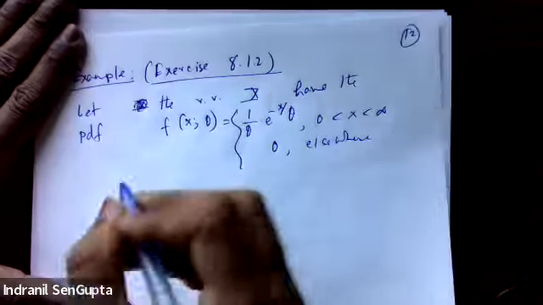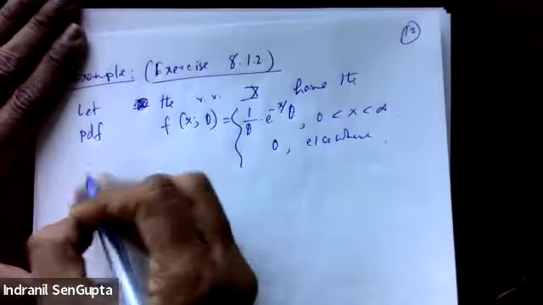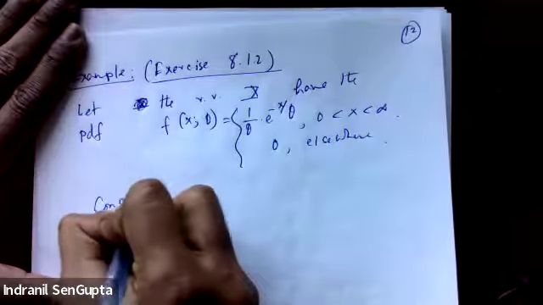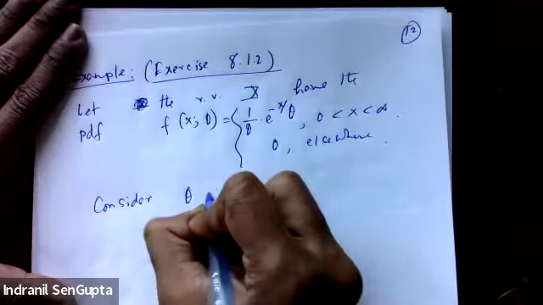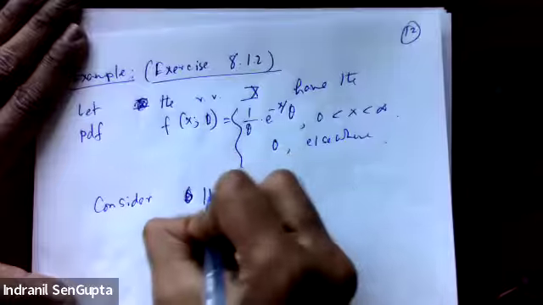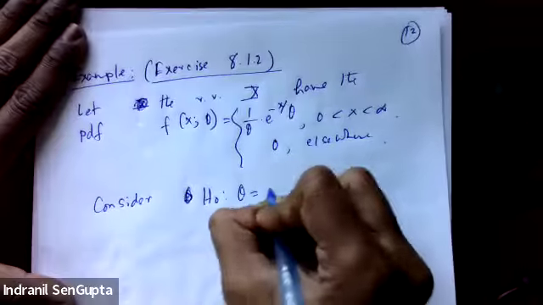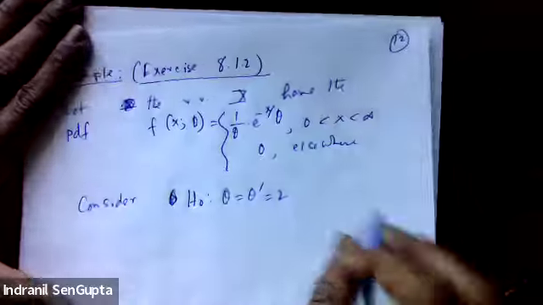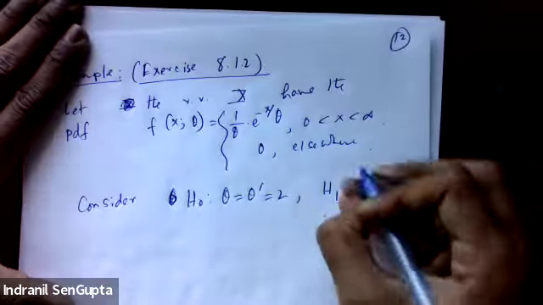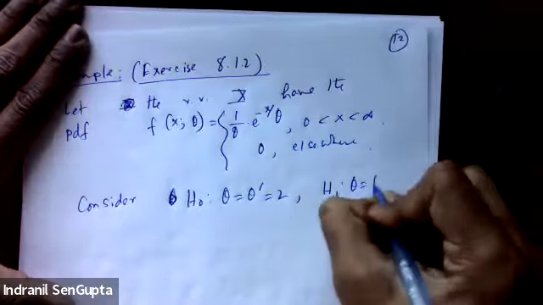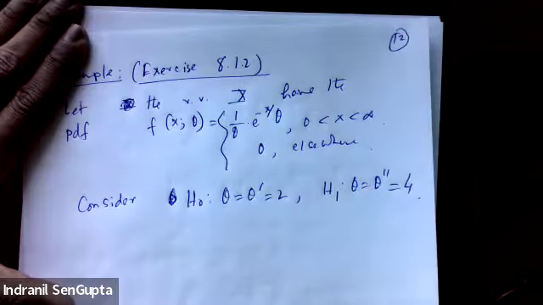So that means it's an exponential distribution. Consider the simple hypothesis H0, theta prime equal to 2, and the alternative hypothesis, which is also a simple hypothesis, theta double prime equal to 4.